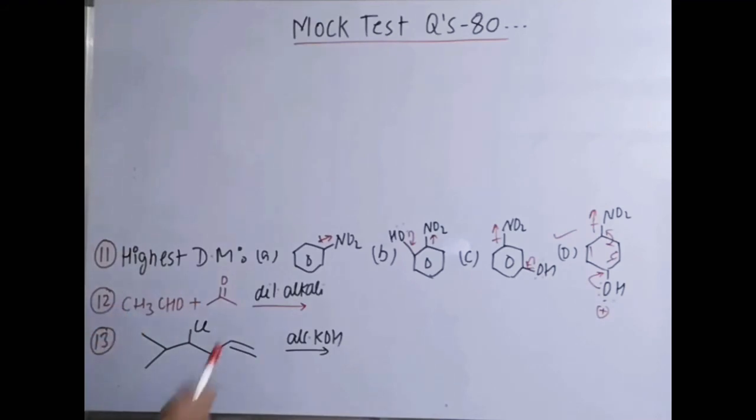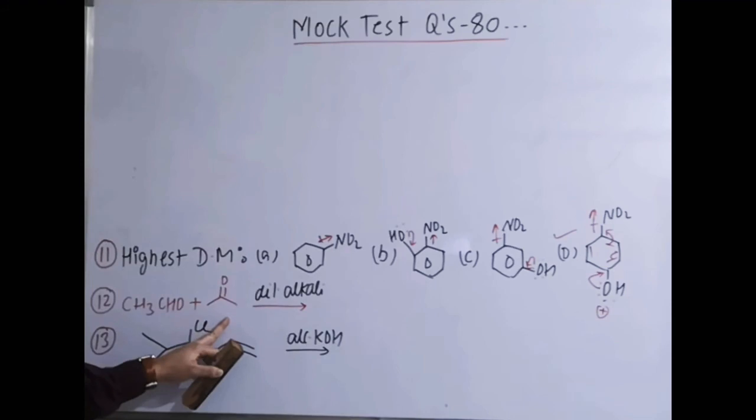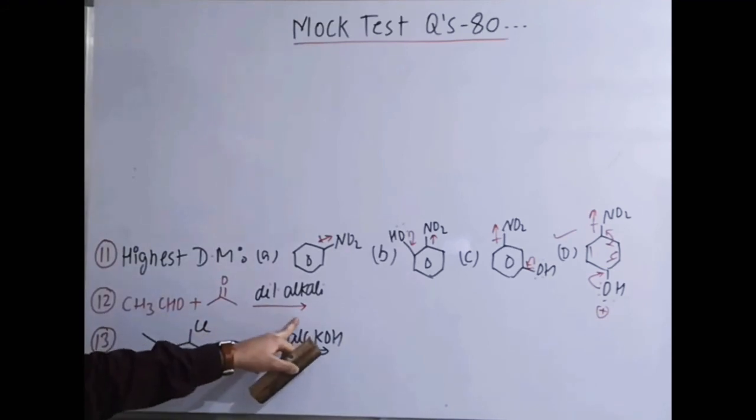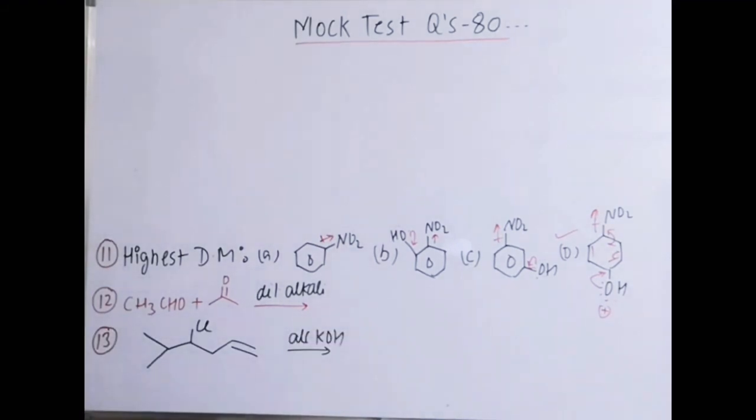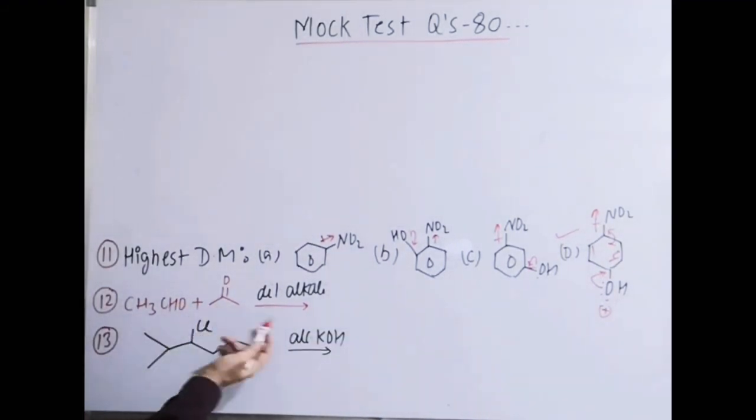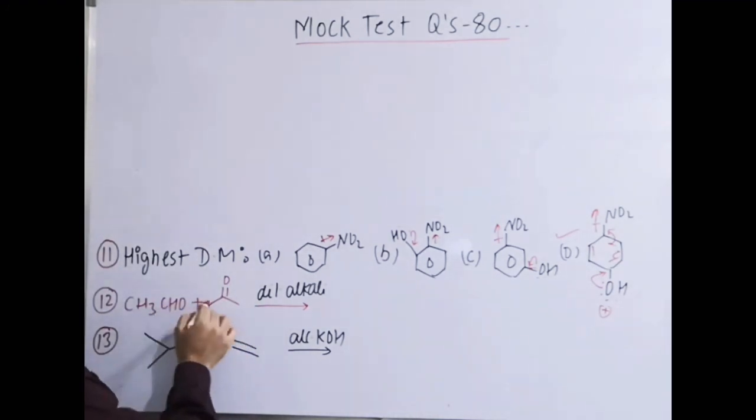The 12th question is, write down the major product formed here. Acetaldehyde with acetone or propanone, with dilute alkali. That is the condition mentioned. And you have to write down the major product. So remember, both contain, firstly, which reaction is it? It is the aldol reaction, right? Here both contain alpha hydrogen.